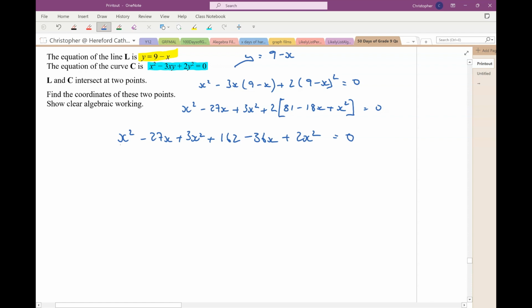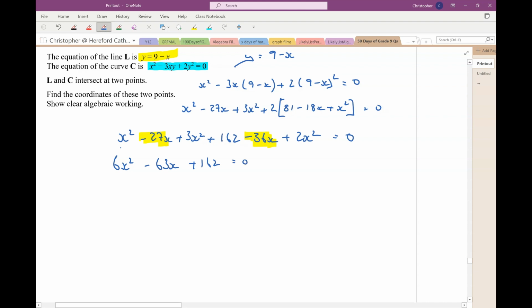Tidying up, x squared is one of them, plus 3 of them is 4. Ooh, 6x squared. Right, the x's. Minus 27x minus 36x. Well, that's minus 63x. Now, I've just got plus 162 equals 0.